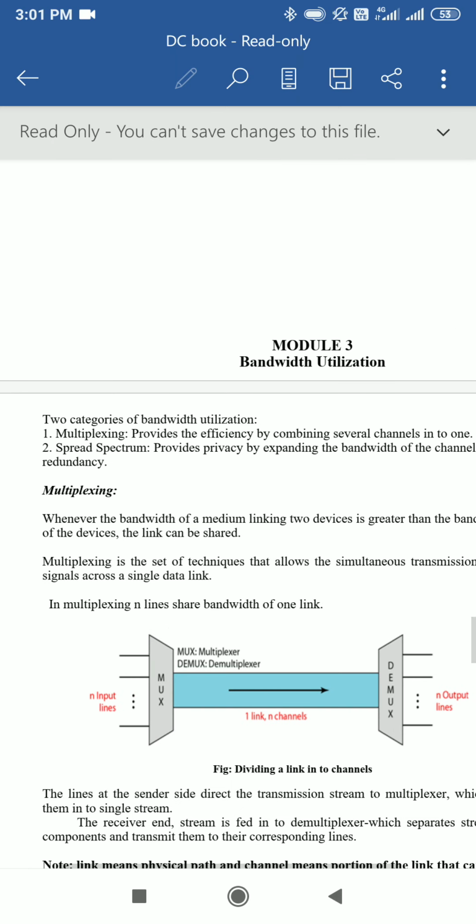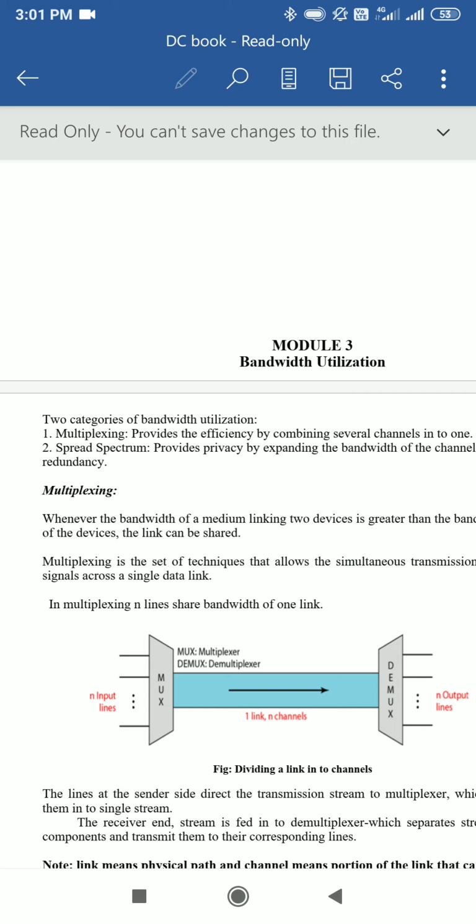Whenever the bandwidth required by sender and receiver devices is less compared to the bandwidth required by the transmission medium, we require the multiplexing technique. And we require spread spectrum to increase the bandwidth of the transmission medium or link.